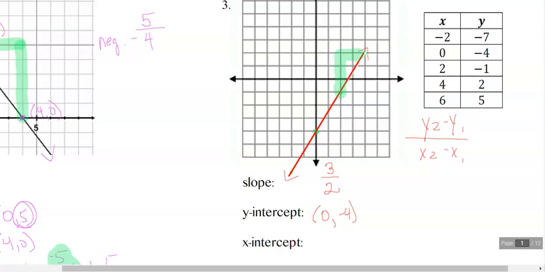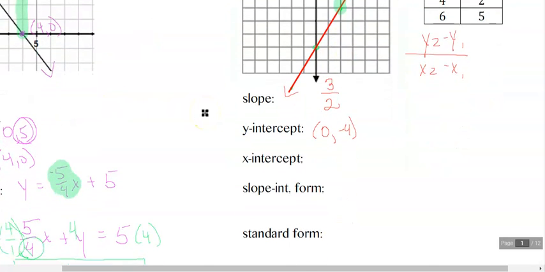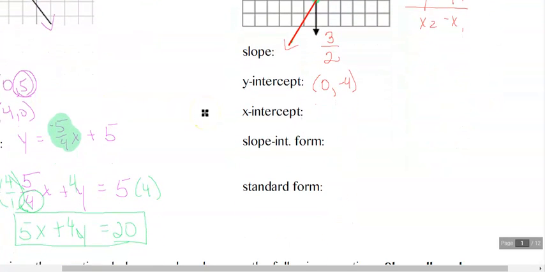Okay, so let me move this a little bit so I got some more room. I want to use the slope and the y-intercept to find the x-intercept. I think first I'll do slope-intercept form.